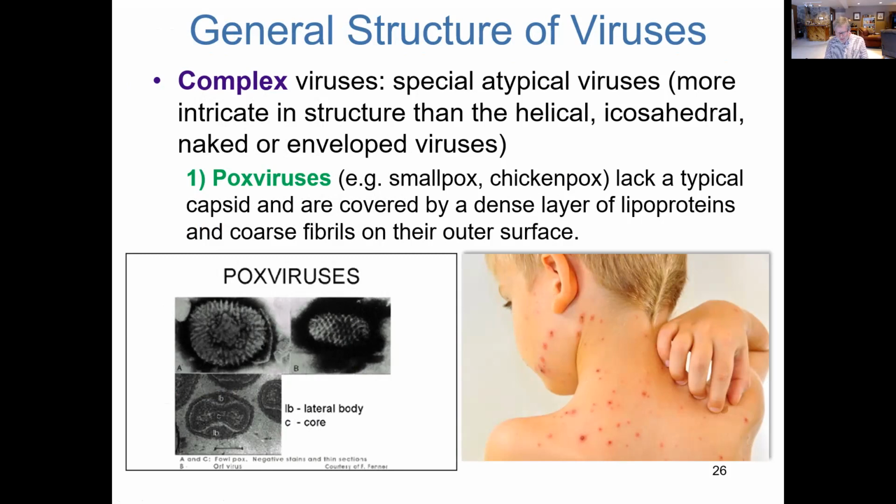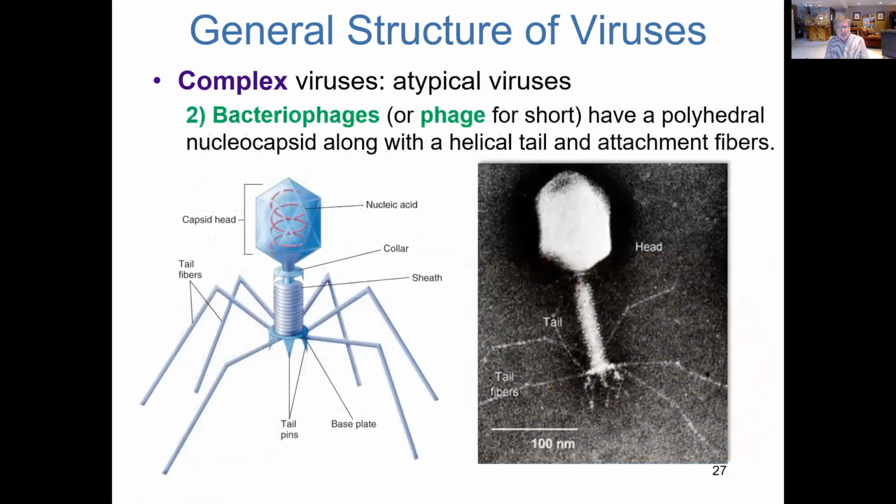And then the other special group that I've made mention of already are the bacteriophages, or sometimes we just use the term phage for short. This was again addressed in the clinical study at the beginning of the chapter.